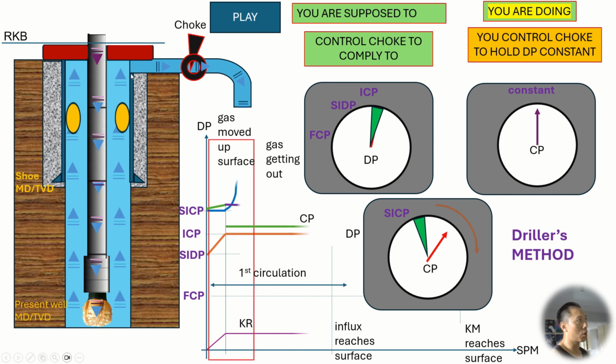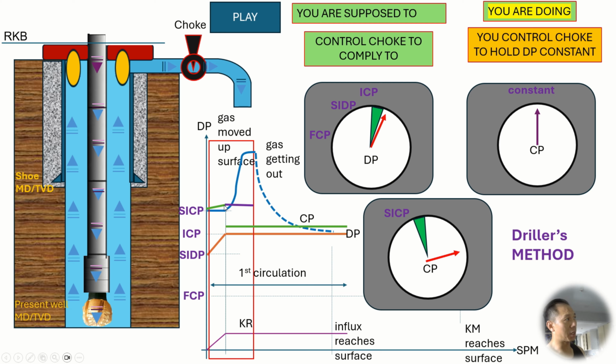See? Gas goes up and expands, and casing pressure is rising from the shut-in casing pressure all the way up to the maximum. As I said, this red rectangle is what the question is about: circulating the influx up in the annulus, not out of the well yet. So we are in the middle part of the first circulation.